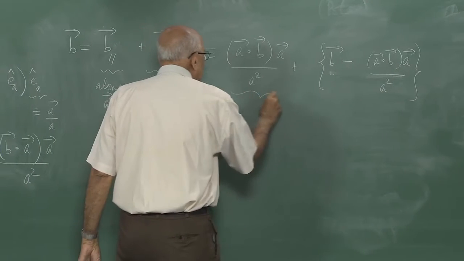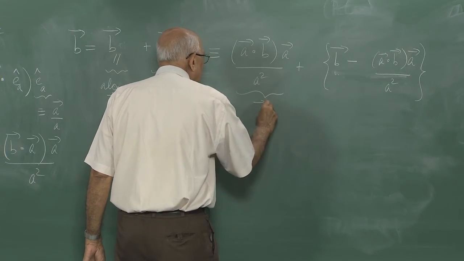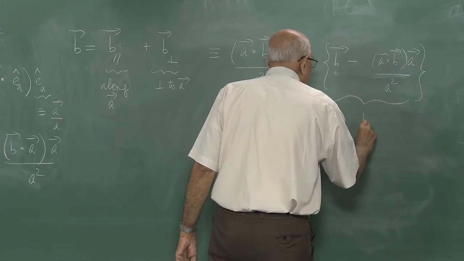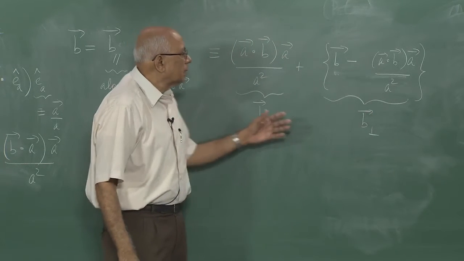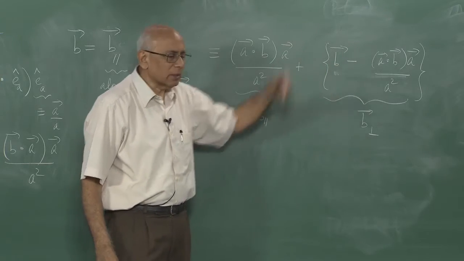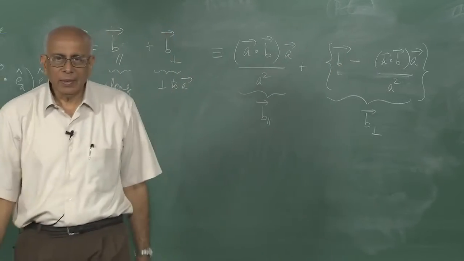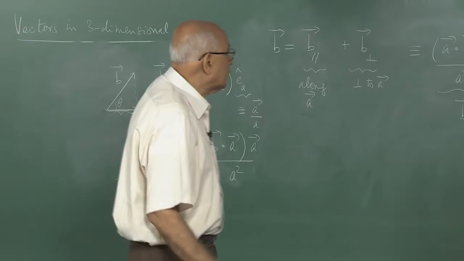So this is B parallel, and this part is B perpendicular. And the question is, is there some simple formula for this portion which is written in a more compact way than in this rather messy notation? It is just an identity.